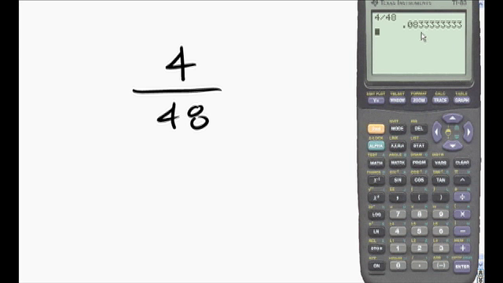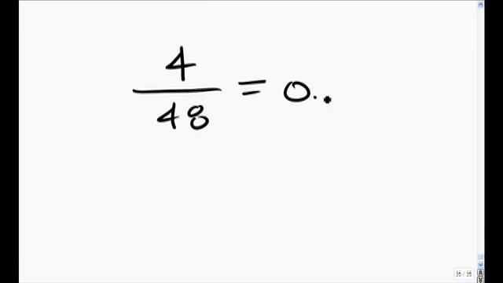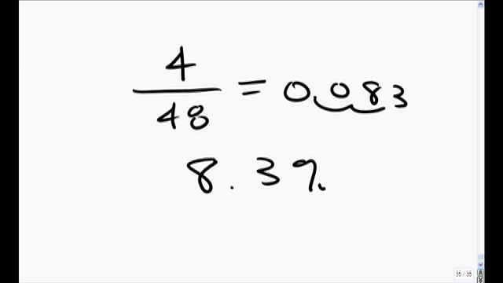The answer is 0.083. Multiplying this number by 100 moves the decimal to the right 2 spaces. "8.3% of the class has exactly 3 children."